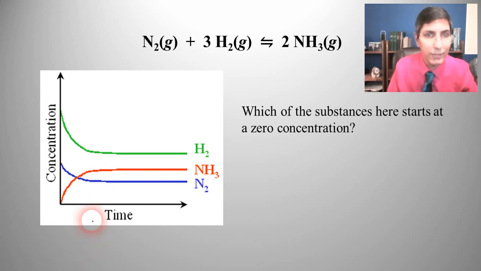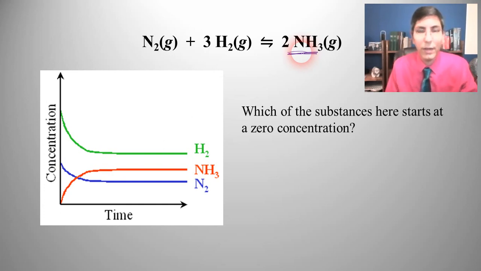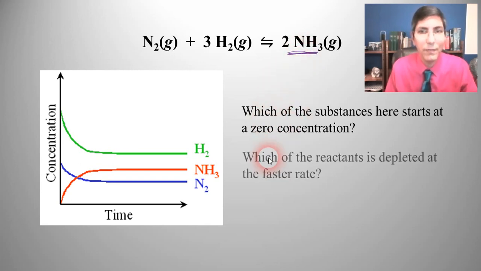Well, we can read the graph and see that that is the ammonia. It starts down here at 0 concentration. That makes sense because ammonia is the product, as you can see here, and you would usually not expect to have any product whenever you're starting the reaction.